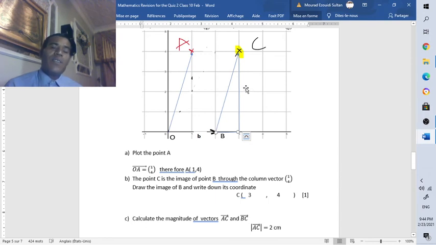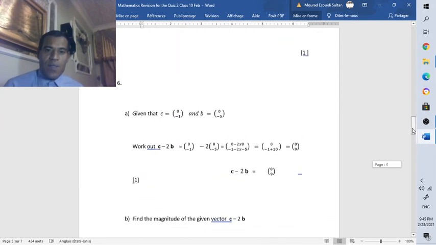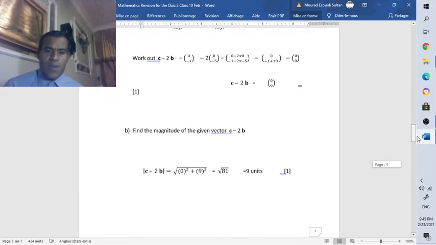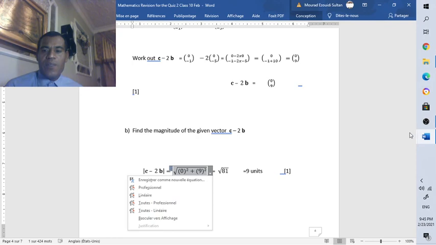You will make the square root of this one squared plus this one squared, and you will find the answer. So I will go back to the formula.